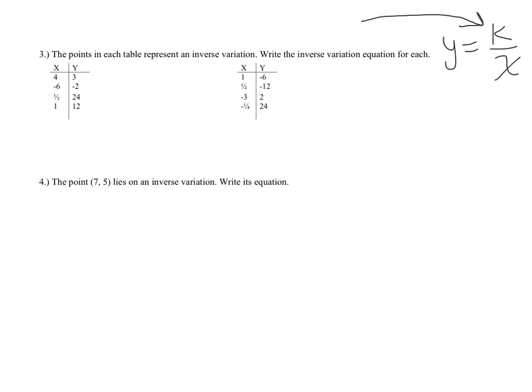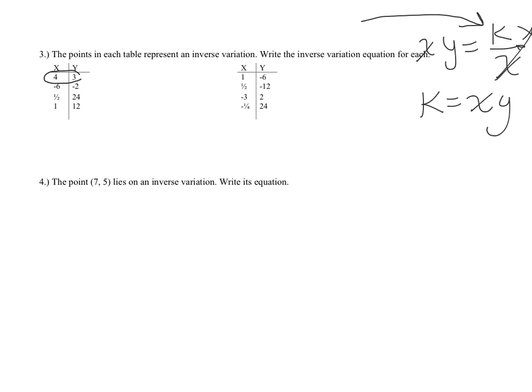So if I take this table, you have to find k in order to get the equation. So think about it: if I need to solve this equation for k, I need to multiply both sides by x, right? So then to get k, you have to do x times y. Essentially, all you have to do is take the ordered pairs in this table and multiply them together, and that will give you the constant.